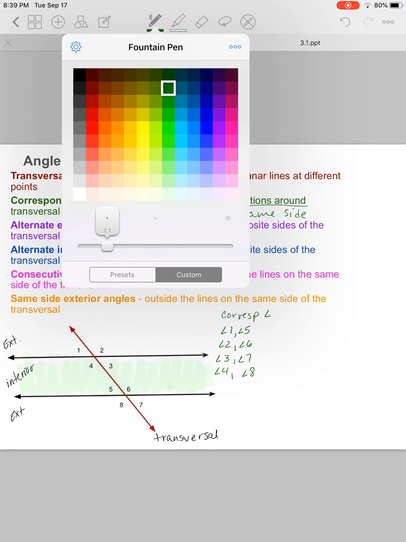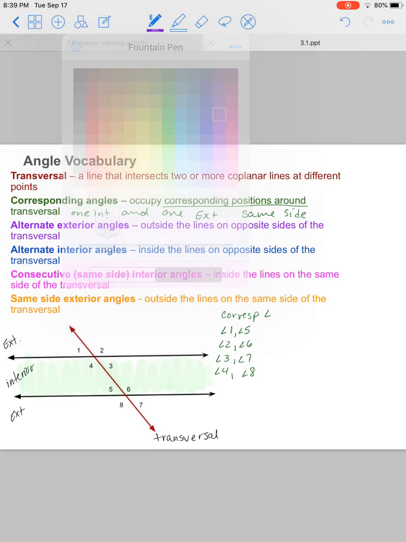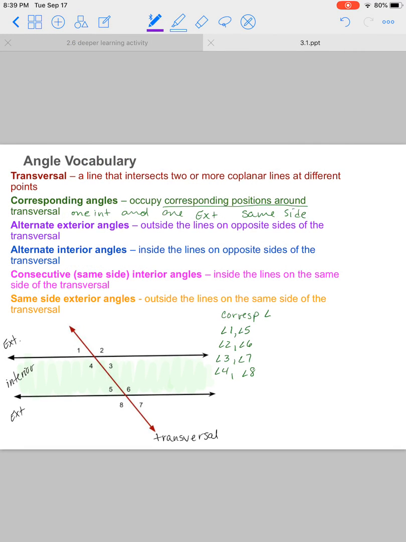The next one we're going to look at is our alternate exterior. They are outside the lines and on opposite sides of the transversal. So they are both exterior and they're on opposite sides of the transversal. That's what it means to alternate.